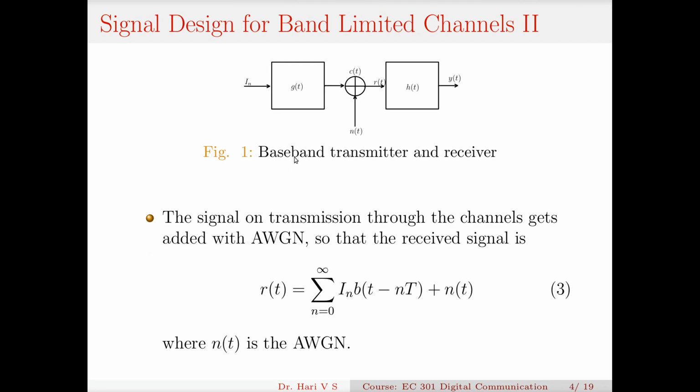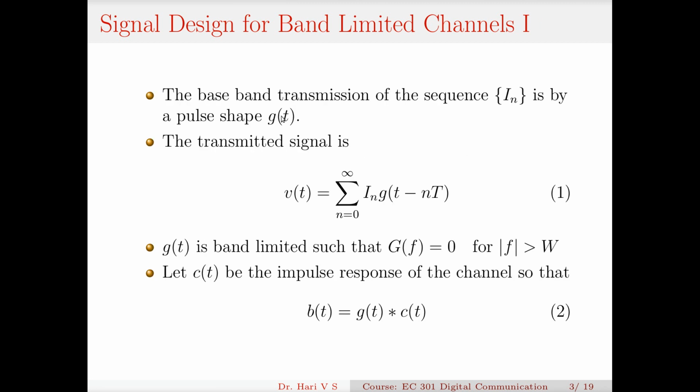So if you come here, this is a baseband transmission system. Here you see these digital values or maybe binary values coming into this. This is passed through a system whose impulse response is g(t). This is actually my transmitter pulse shape, or this is my transmitter filter. So this I_n is passed through the transmitter filter to generate your signal v(t).